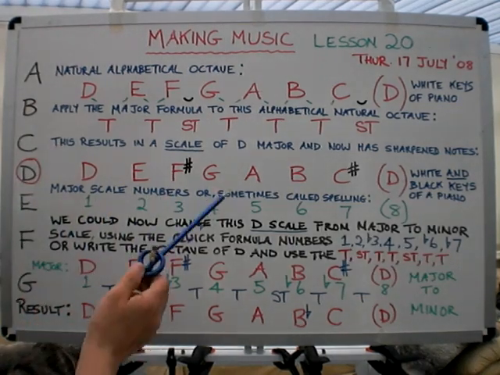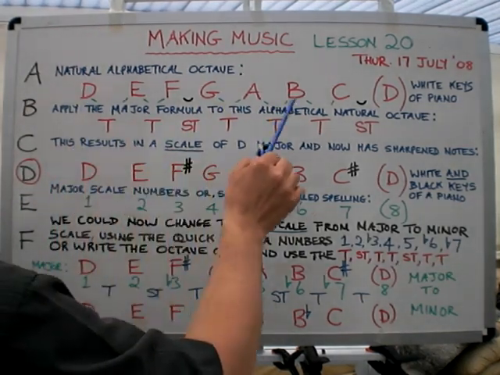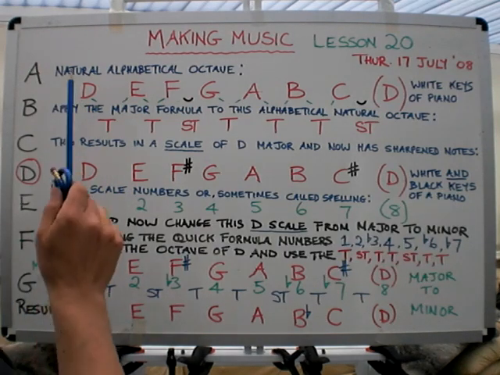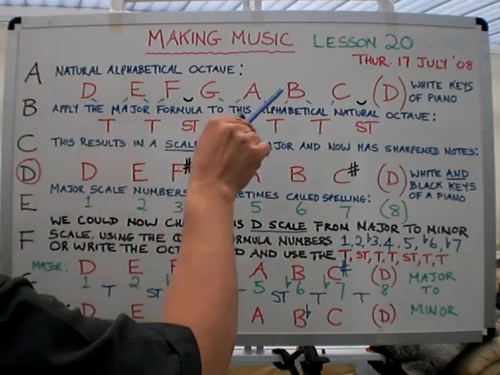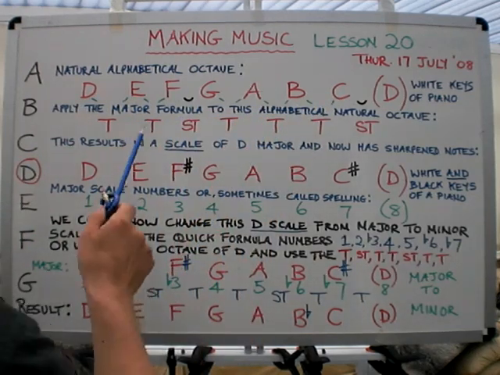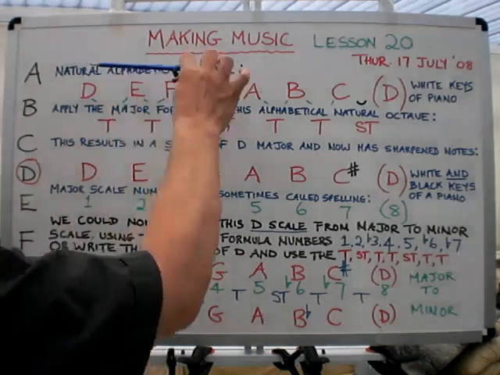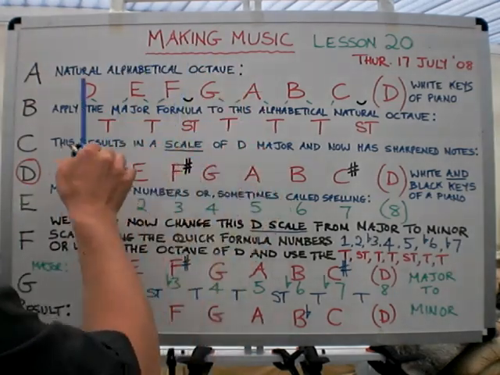Now it's what we do with this natural alphabetical list. It's what we do with it. When we want to turn that into a major scale, we've covered this before, but I just want you to do this step by step every time you do this.